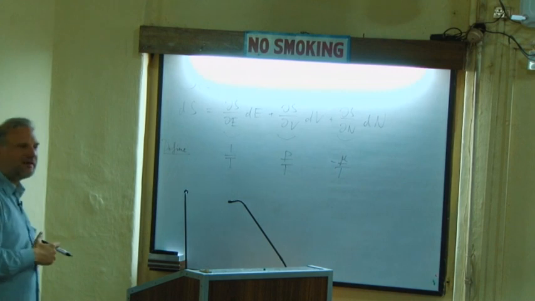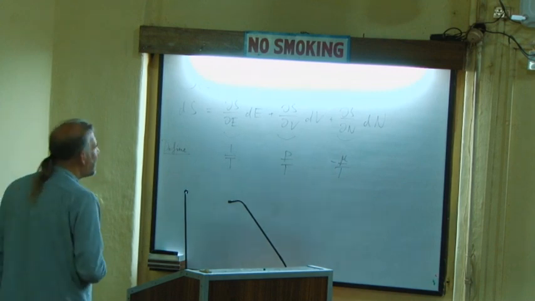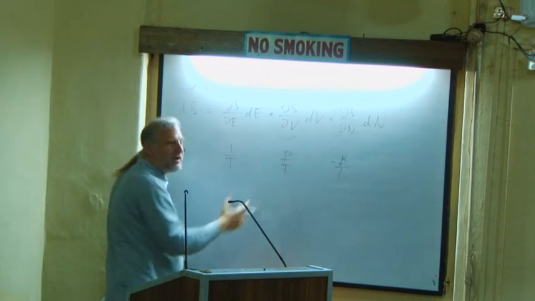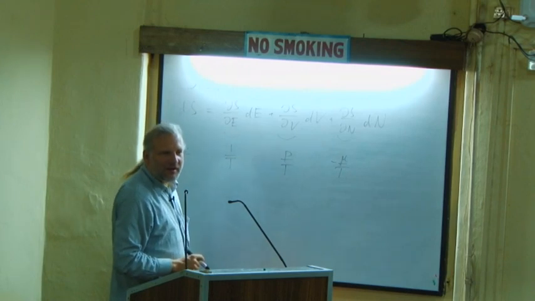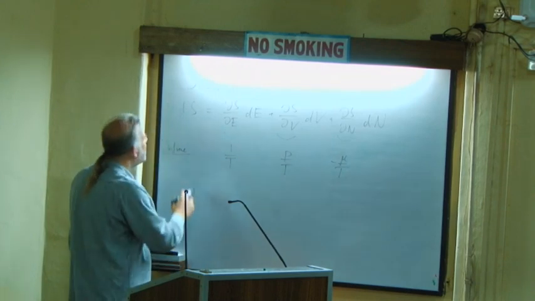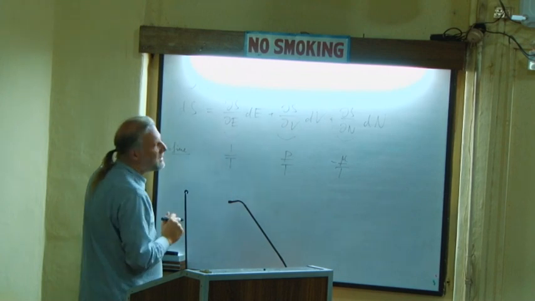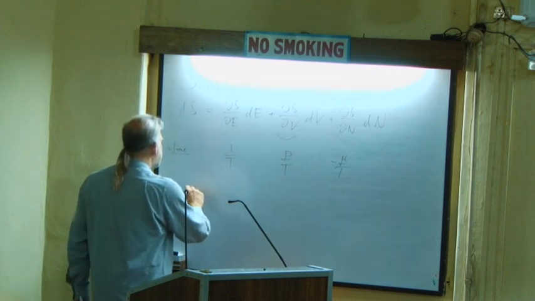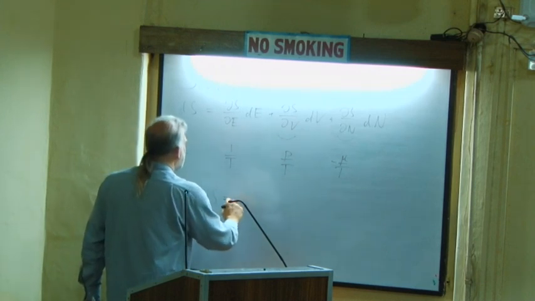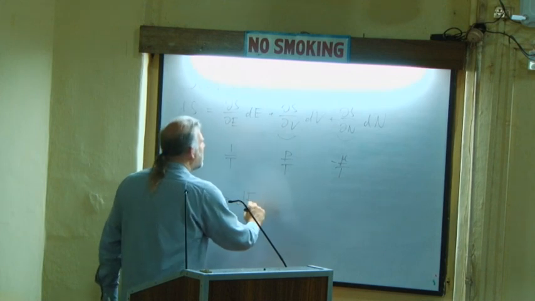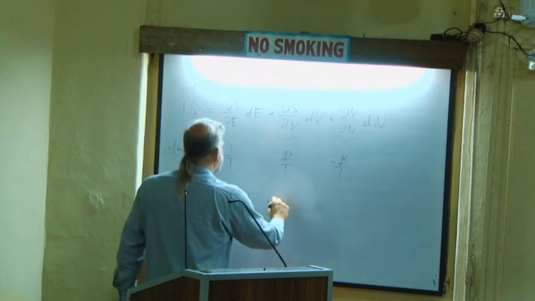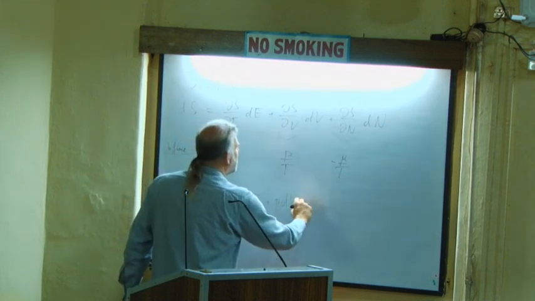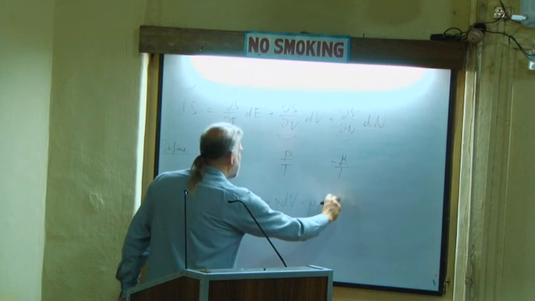I can always do that. I can give them names. And what's the motivation to do that? Of course, if I multiply the whole thing by T, then I get T dS = dE + P dV − μ dN.